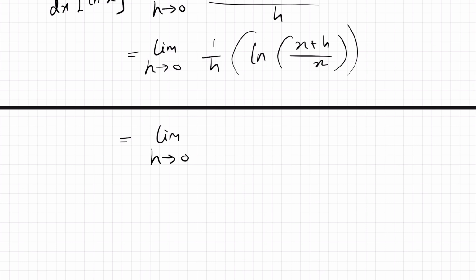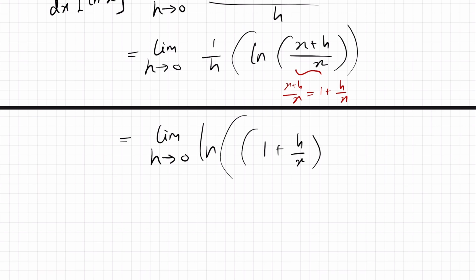So what I'll do is simplify this into just 1 plus h over x. Hopefully you can see how that works. We just split the fraction. And then I'm going to use another log law to move this 1 over h inside, into the power. So this is now going to become ln of 1 plus h over x to the power of 1 over h, like so.